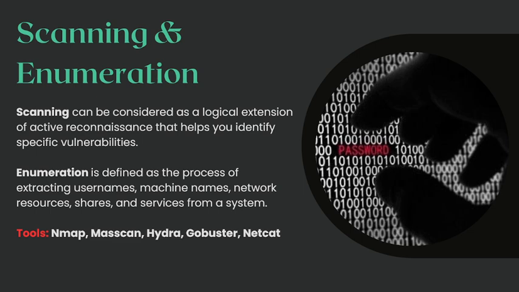Enumeration is when, after finding what services are running on a system, we further enumerate them to gather information such as usernames, machine names using NetBIOS, whatever protocols are running on the system, network resources, shared drives, and many other things.